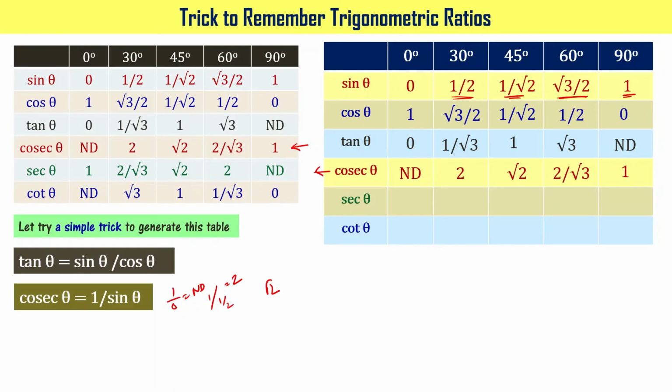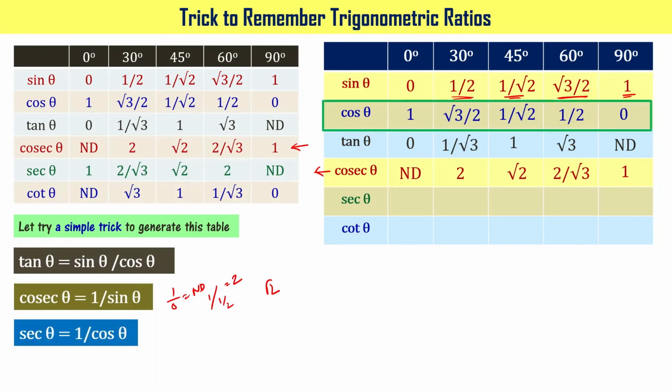We know that sec theta can be written as 1 by cos theta. Now you see the values of the cos function. For 0 degrees, it is 1, which means sec 0 degrees is going to be 1 by 1, that is equal to 1. Now for 30 degrees, it is going to be 2 by root 3, because you have root 3 by 2 here.